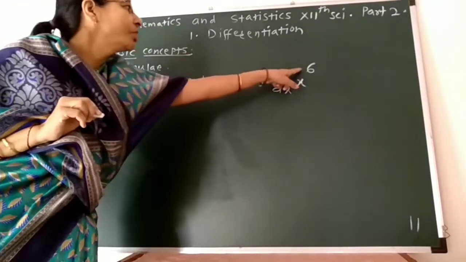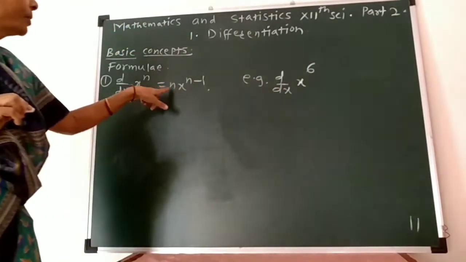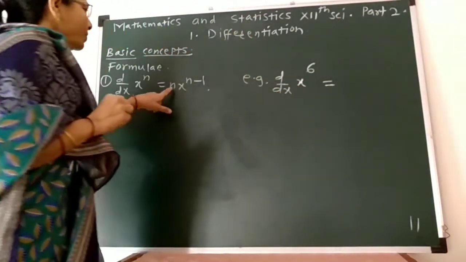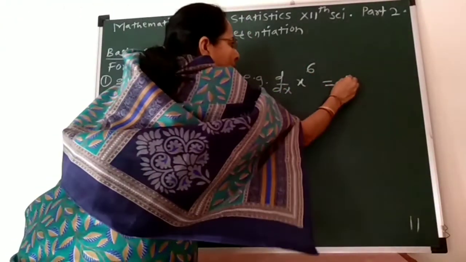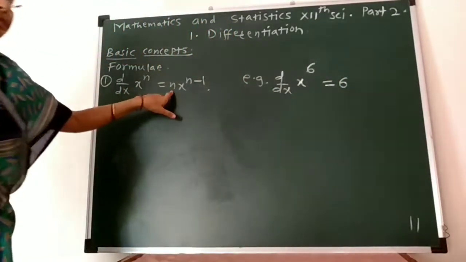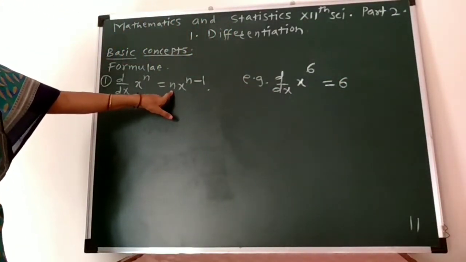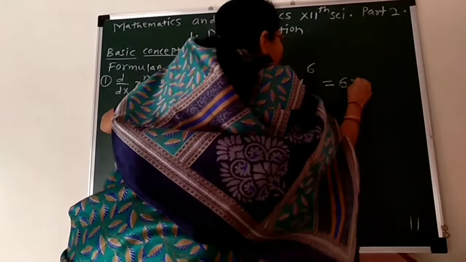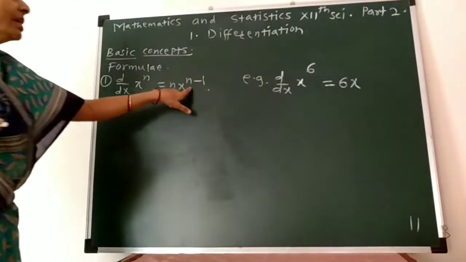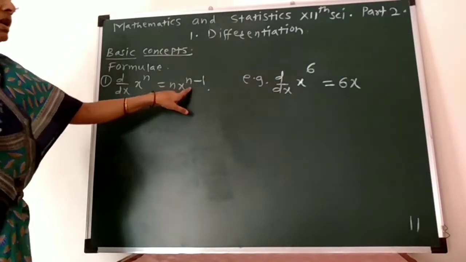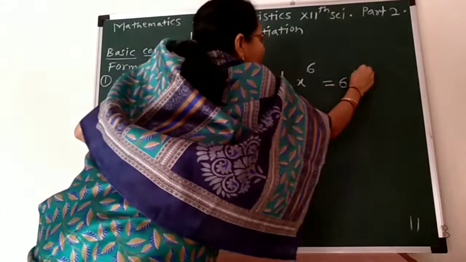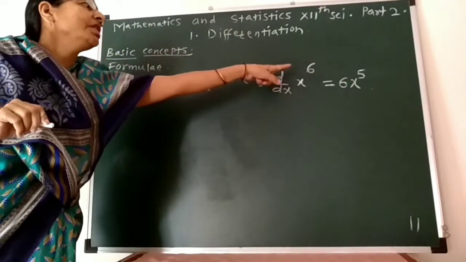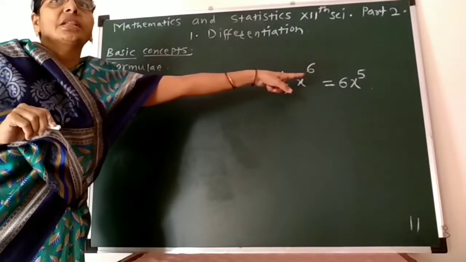Here n is equal to 6, put in this formula, so it is equal to 6 x raised to n minus 1, that is 6 minus 1, which is 5. So the derivative of x raised to 6 is 6x raised to 5.